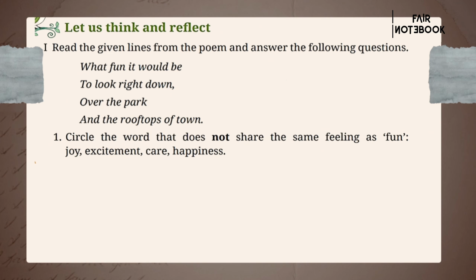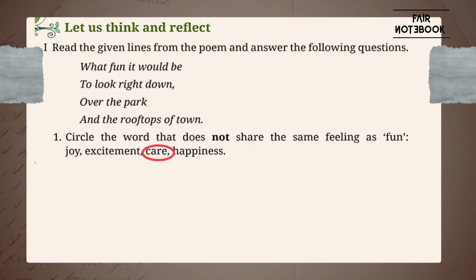Let us think and reflect. Read the given lines from the poem and answer the following questions. "What fun it would be to look right down over the park and the rooftops of the town." Circle the word that doesn't share the same feeling as fun: joy, excitement, care, happiness.